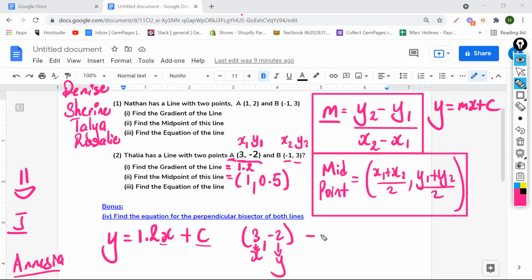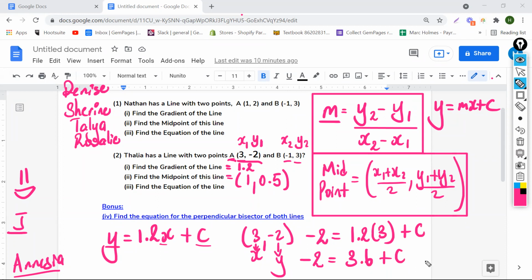So I'm going to end up with -2 is equal to 1.2 times 3, which is 3.6, guys, plus c.